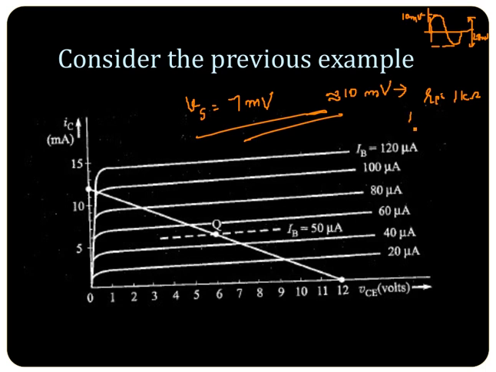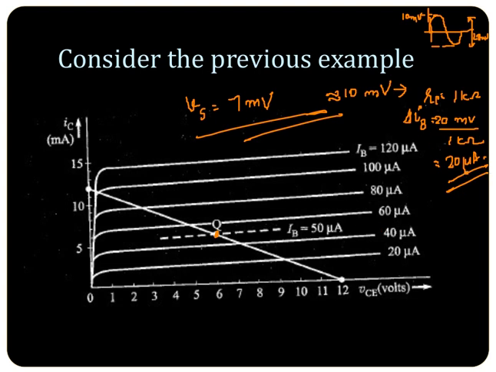Delta IB will be given by the input voltage, 20 millivolt, divided by 1 kilo ohm, which will be 20 microampere.